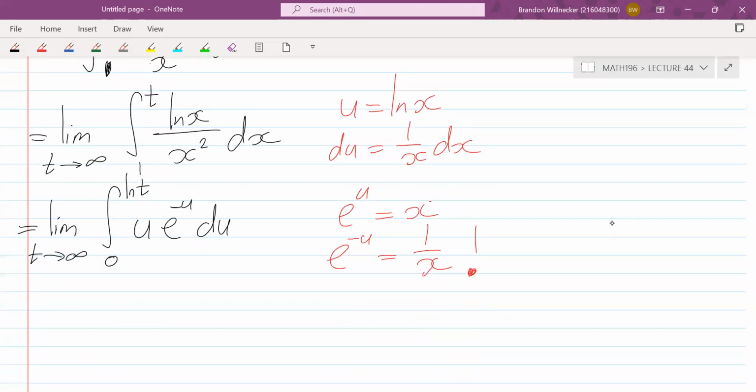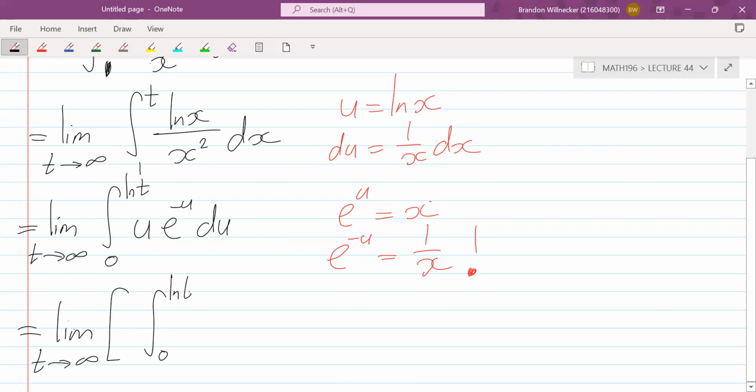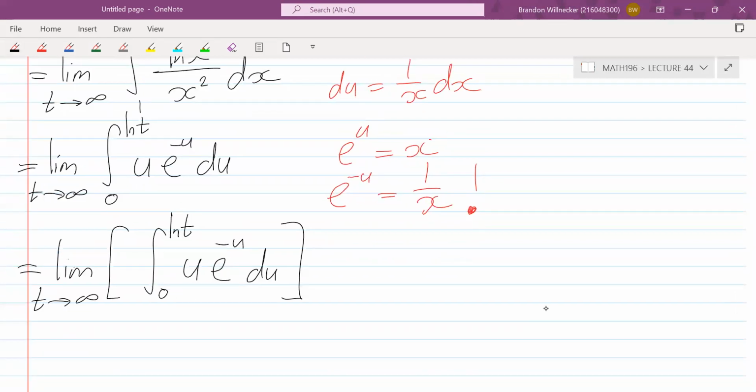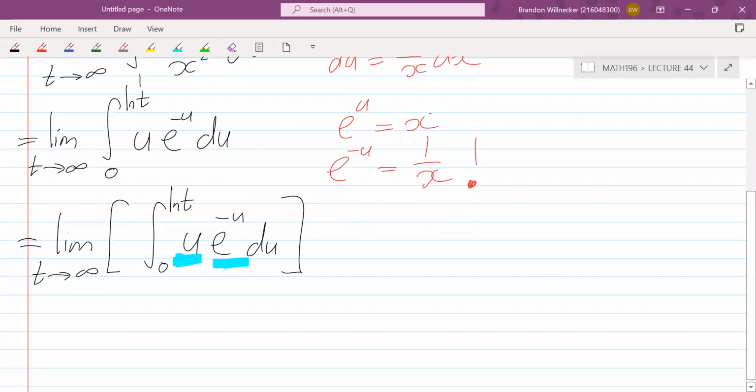Okay, so now we've got an integral in terms of u to solve. So this is going to be equal to the limit as t goes to infinity of the integral from 0 to the natural log of t of u e to the minus u du. I just put that in brackets because I hope you can see what's coming next. We've got a product of two things here. So we are going to have to use integration by parts.